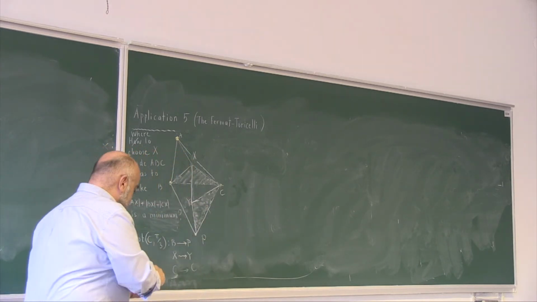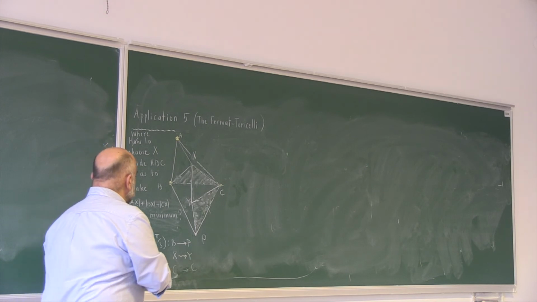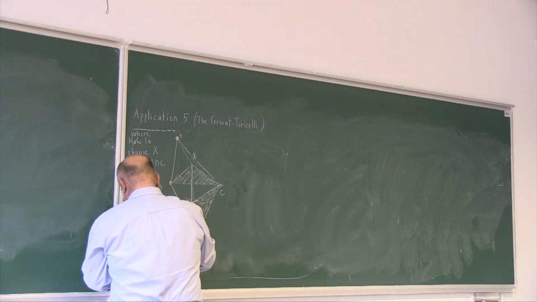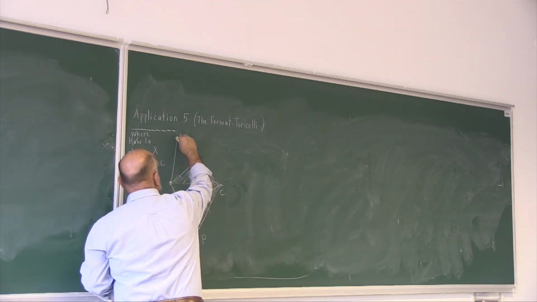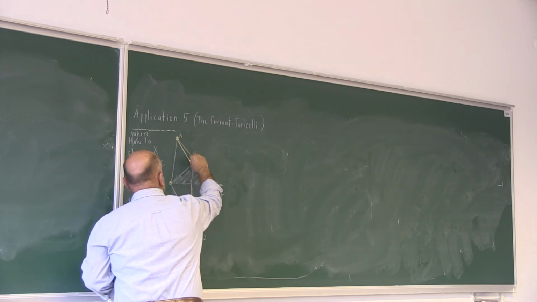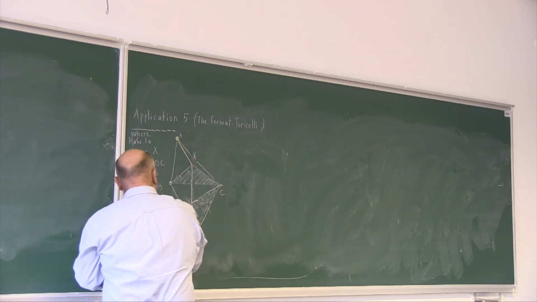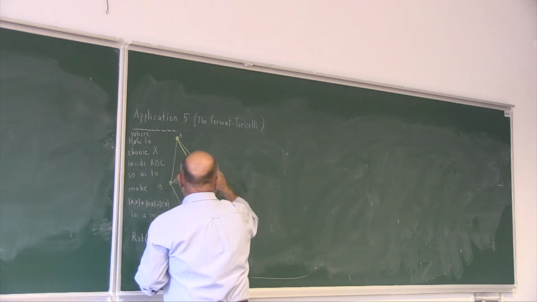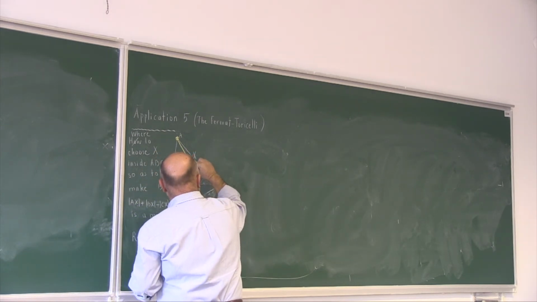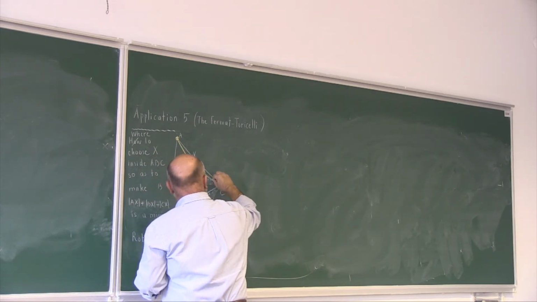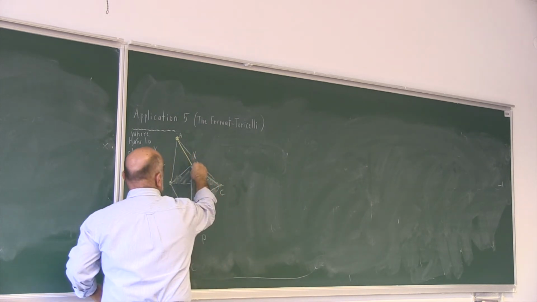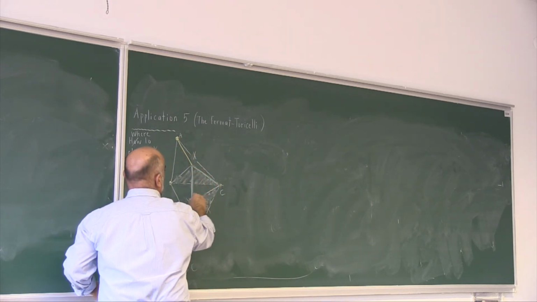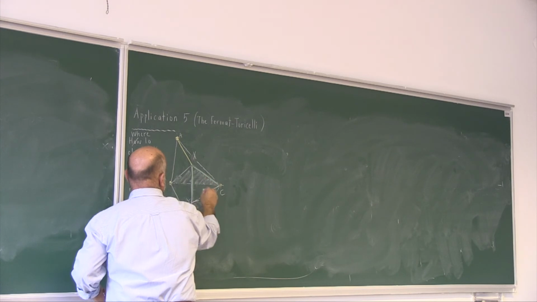Okay, and in particular, what do we have? This length is, of course, AX. This length, XC, of course becomes this length. That's the same, so these two lengths are the same.